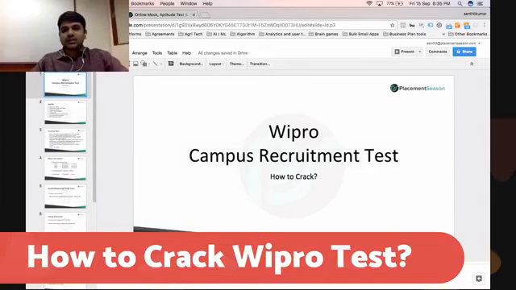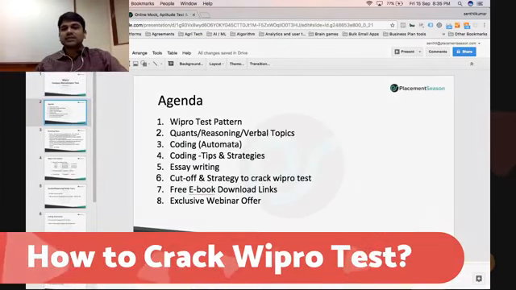So let's quickly move to the agenda for the day. We'll quickly see Wipro's test pattern, and then all the areas of testing, say quant, reasoning, and verbal. Then we'll see the newly introduced coding test, and give you some tips and strategies and some of the questions asked in this year's Wipro coding test.